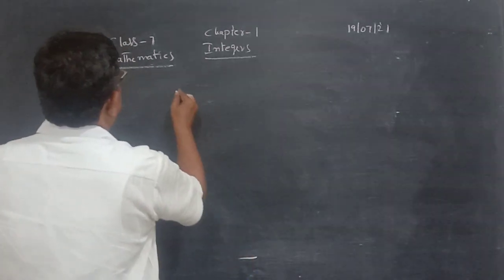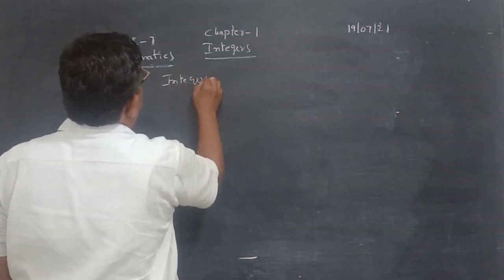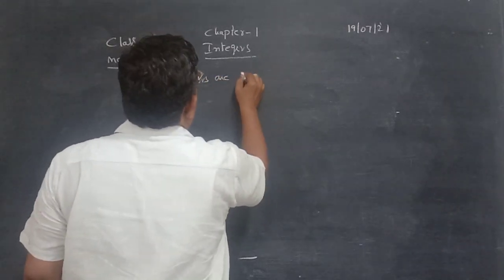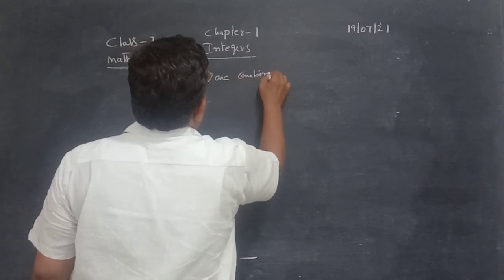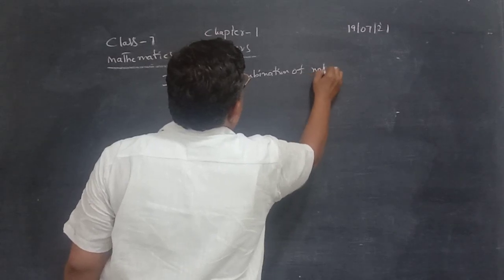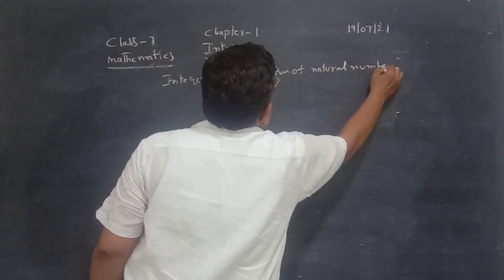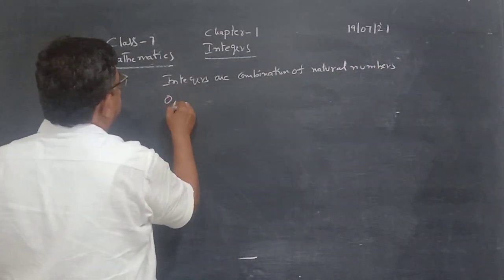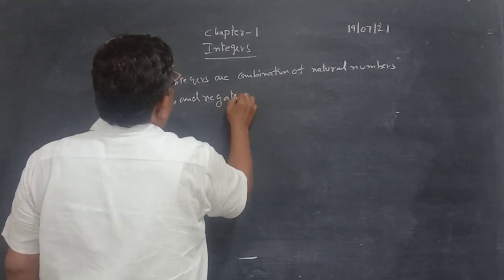So what are integers? Integers are a combination of natural numbers, zero and negative numbers.